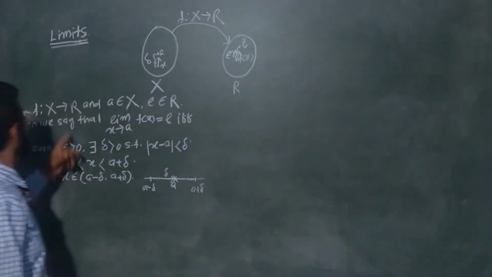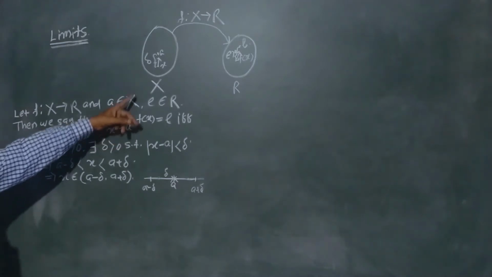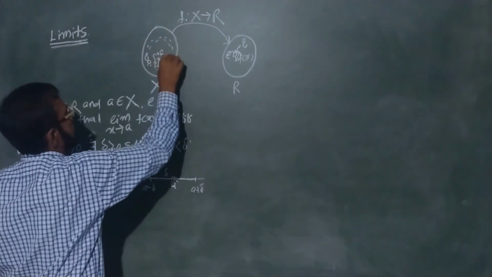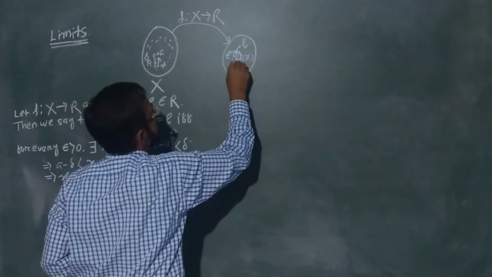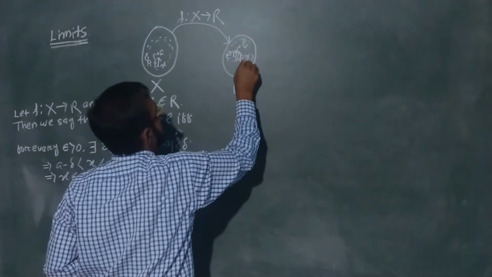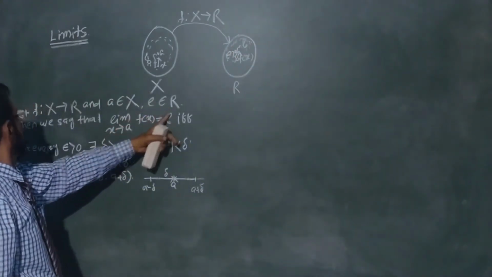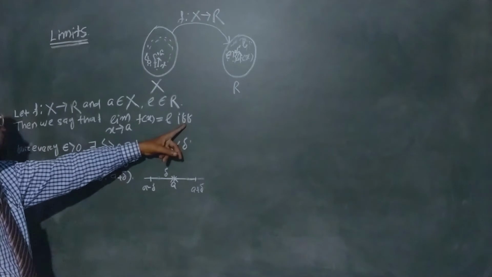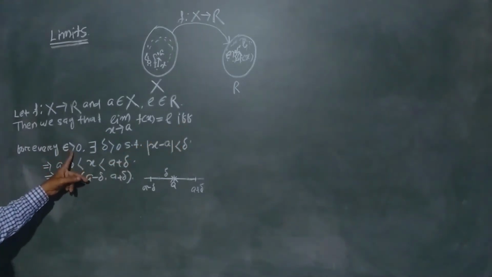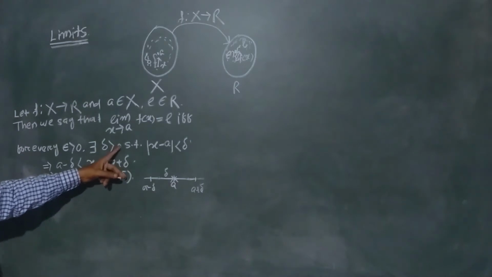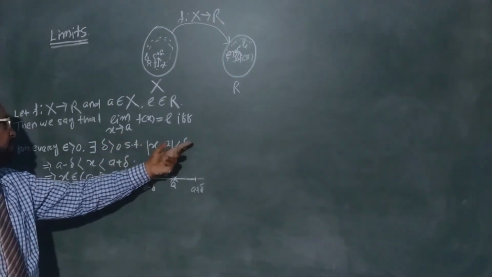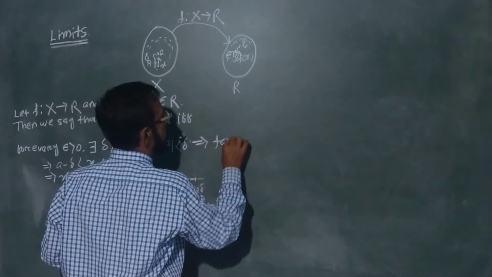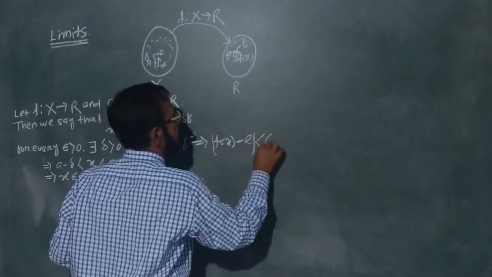Let f be a function from X to R and a belongs to X which is fixed, and x is a variable point. x moves around a. Similarly, the image of x, f(x), moves around L. L belongs to R. Then we say that limit x tends to a, f(x) equals L, if and only if for every epsilon greater than 0, there exists a delta greater than 0 such that |x minus a| less than delta implies |f(x) minus L| is less than epsilon.